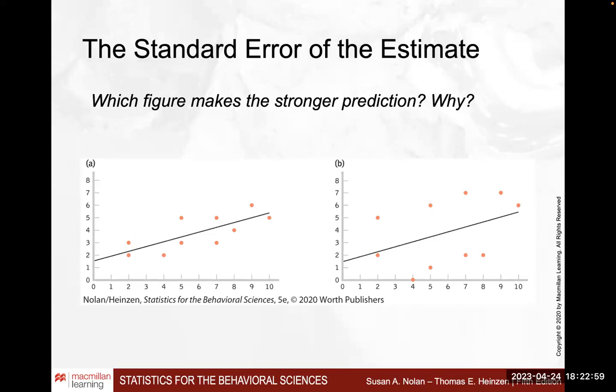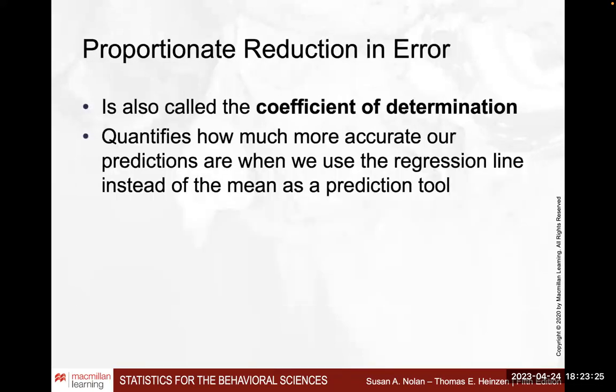It tests against the null hypothesis of a flat line being accurate enough to predict all these points, which is the total error. Shifting it and using a slope to actually fit through this scatter will improve this prediction. And the quantification of that improvement is your proportional reduction error.